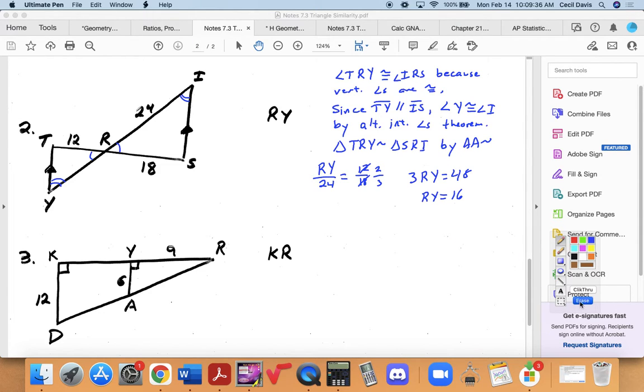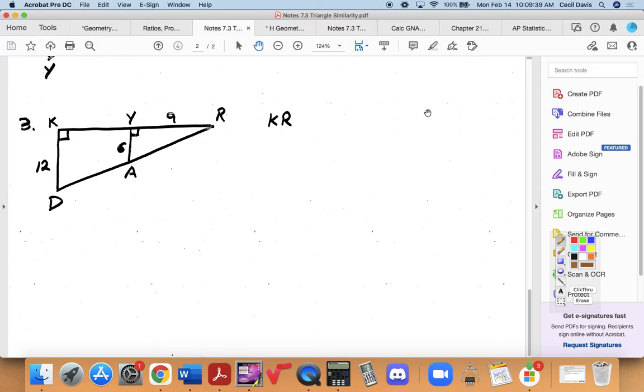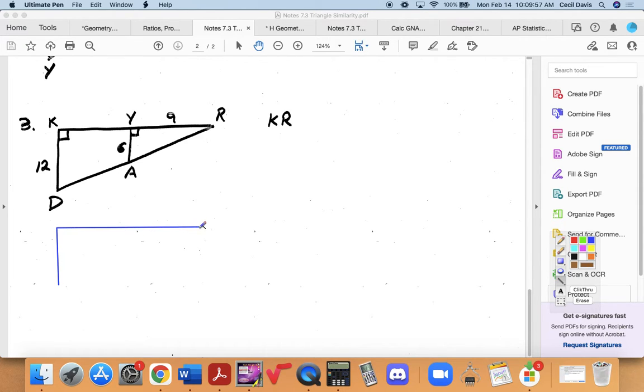All right, then on the last one, again, we have overlapping triangles, and I can see from a couple people's papers that you're already drawing them separate. That's really good. So I've got the big triangle KDR that has a right angle at K, and this side is 12.